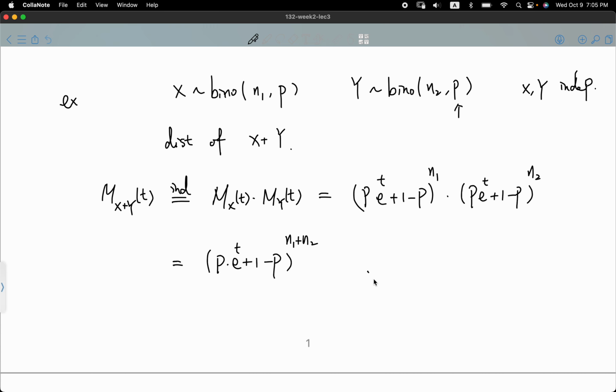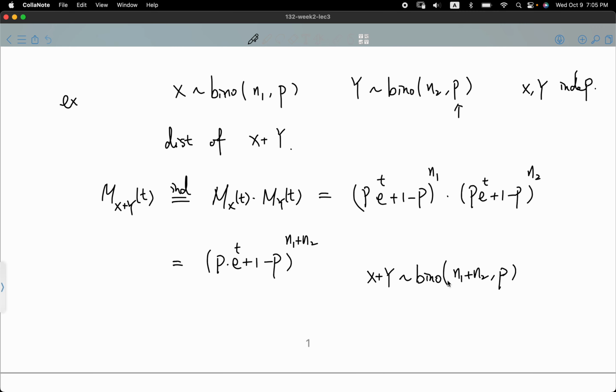So we can claim that X plus Y also follows a binomial distribution, except that now the number of tosses is n1 plus n2, and the probability is still p for landing on head for n1 plus n2 tosses.